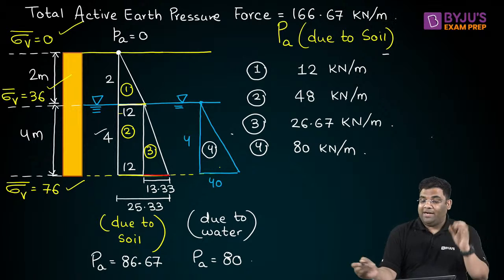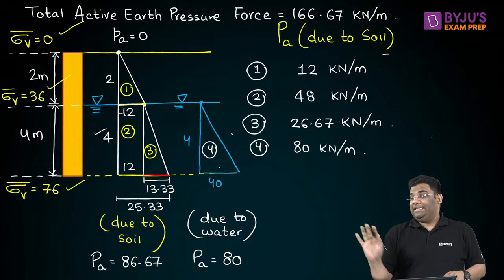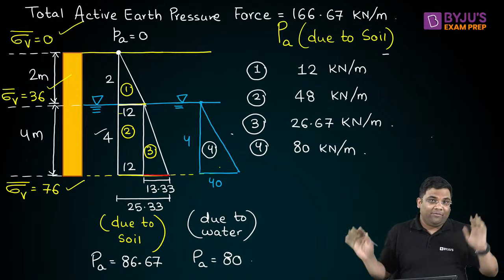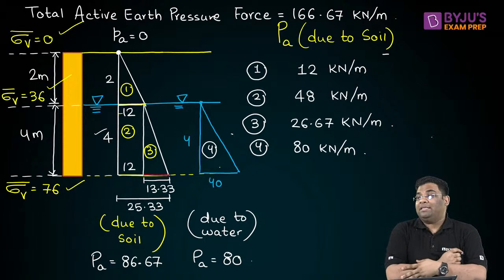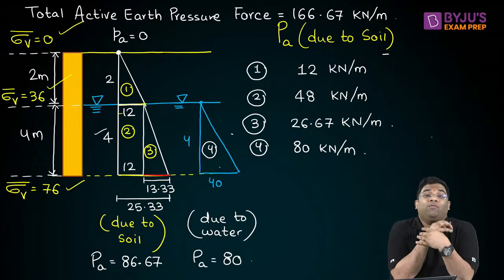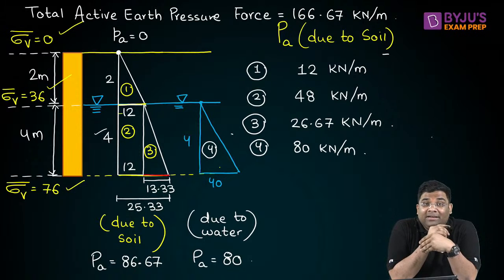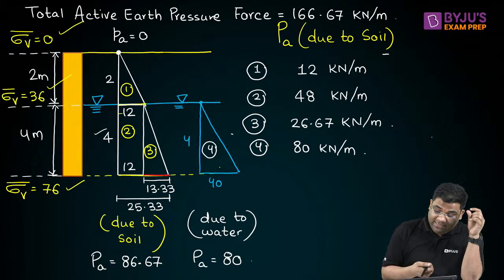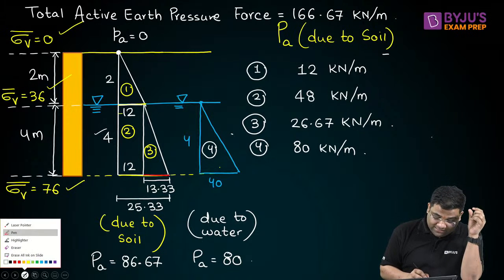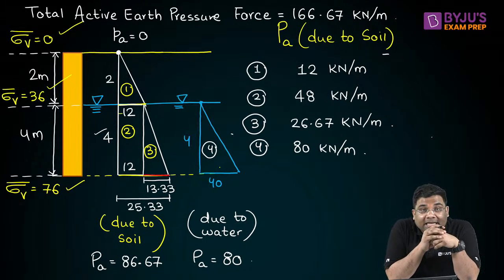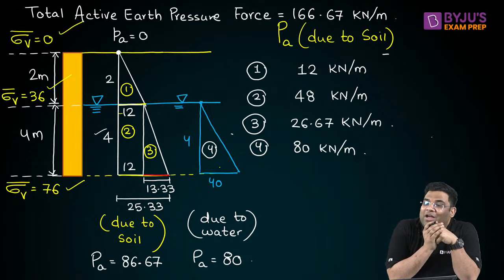Okay. So now you might be thinking, sir, it was very easy. See, we did not remember any formula. Now here I am just finding the total force. If I am interested in finding out the point of application, I will take the point of application of individual forces from the base and then use a formula. What is that formula?